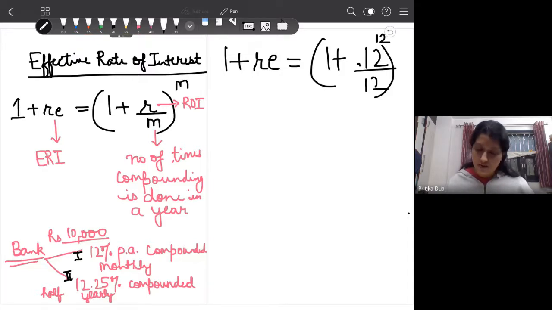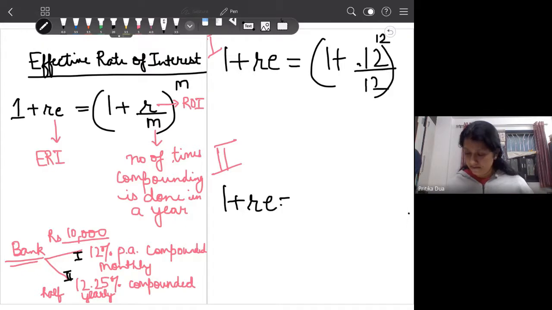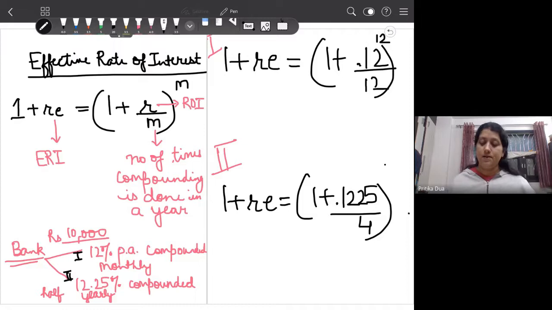See how much the return is coming to. Tanmay has given me the amount he'll be getting after 1 year.